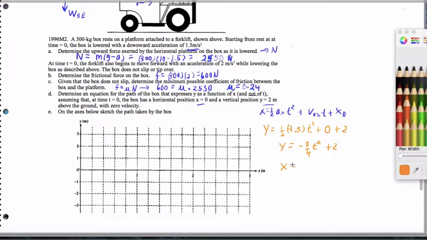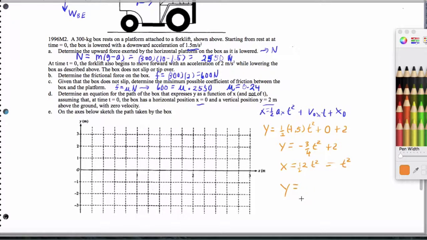And the x equation ends up being just 1/2 times 2 times t squared, which is just plain old t squared. Let's do a little substitution. Is this right? 1/2 times negative 1.5, yeah.